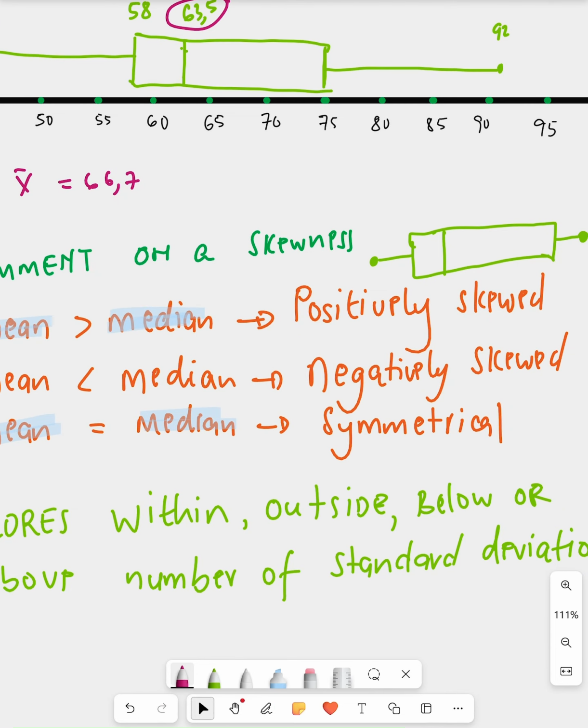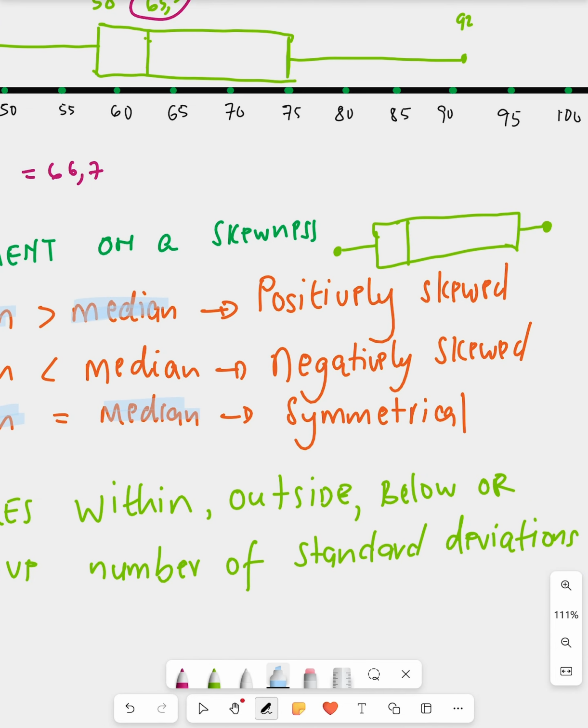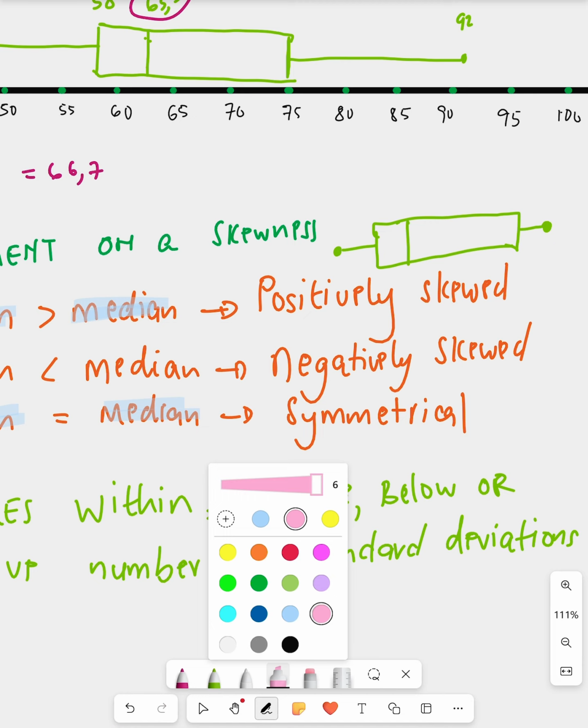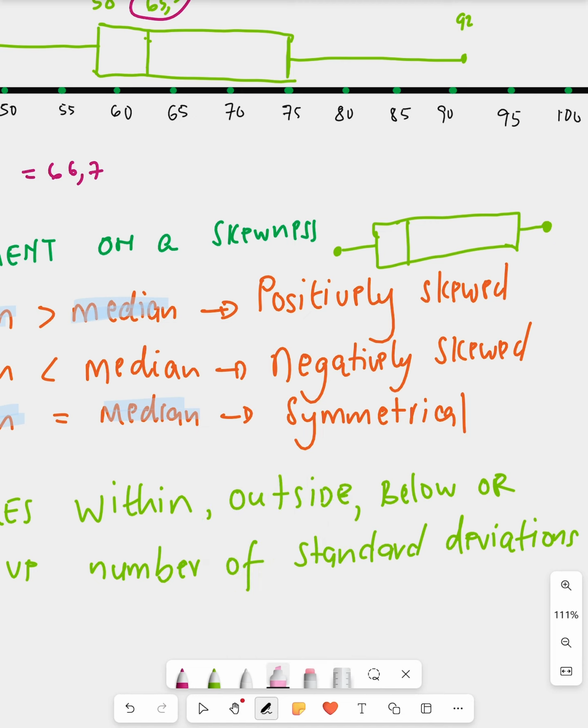And if you check the box itself, you will notice that our Q2 is so close to Q1, and farther from Q3. So our box and whisker is positively skewed.